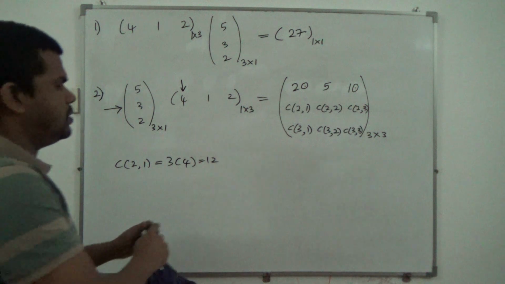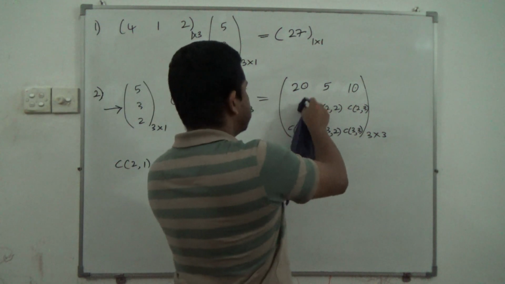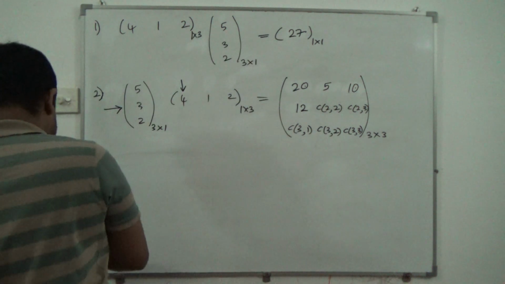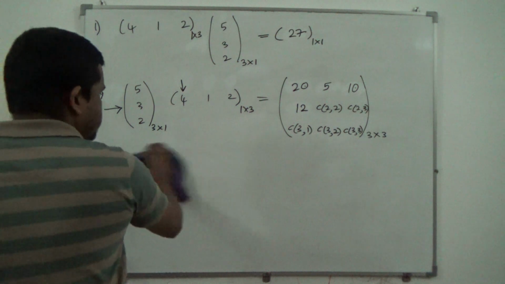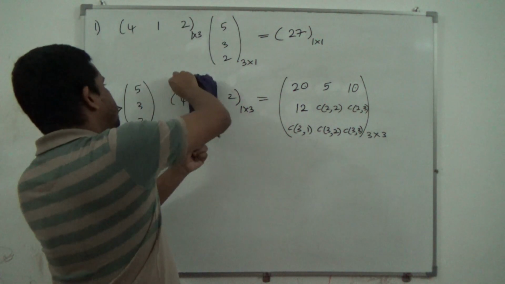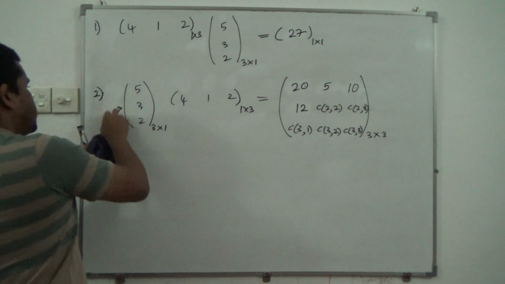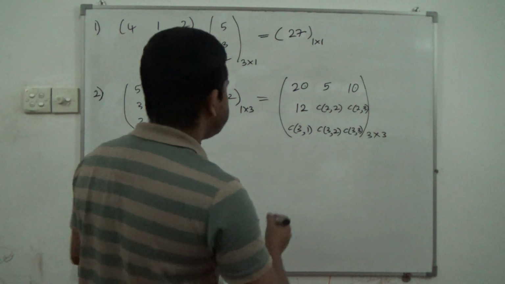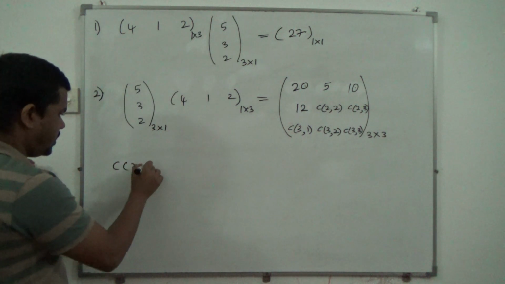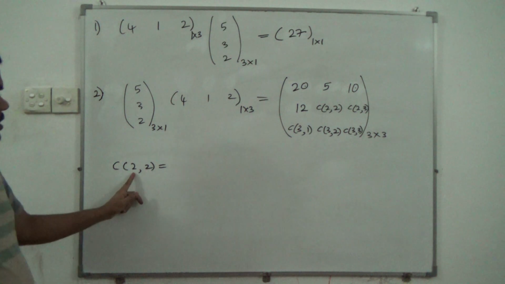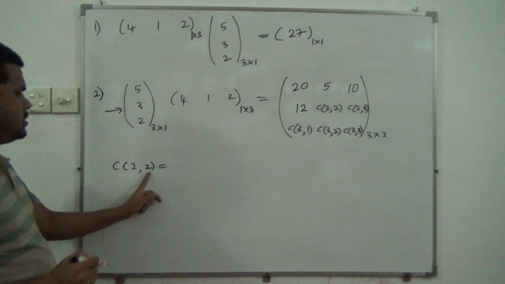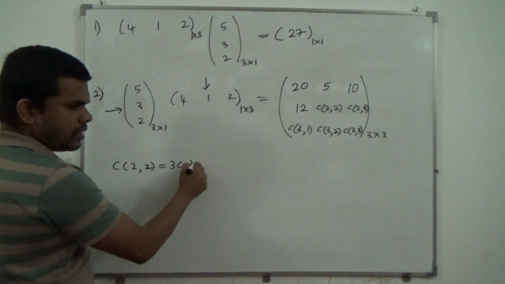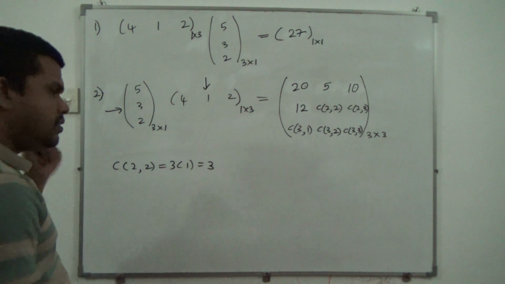So the answer is 12. C2,2: in the first matrix, row number 2, in the second matrix, column number 2. 3 into 1, 3.